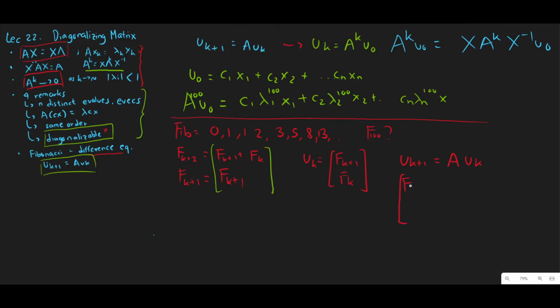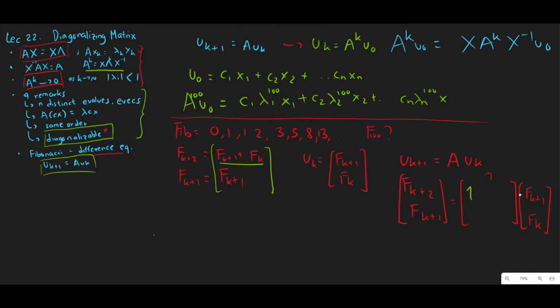You have f(k+1) here in the u_k, so this will be f(k+2), this will be f(k+1), this will be some matrix that we're interested in, and this will be my u_k, f(k+1), f(k), right? So what is f(k+2)? Oh, we have it here, right? So we just fill this matrix out to comply with this equation.